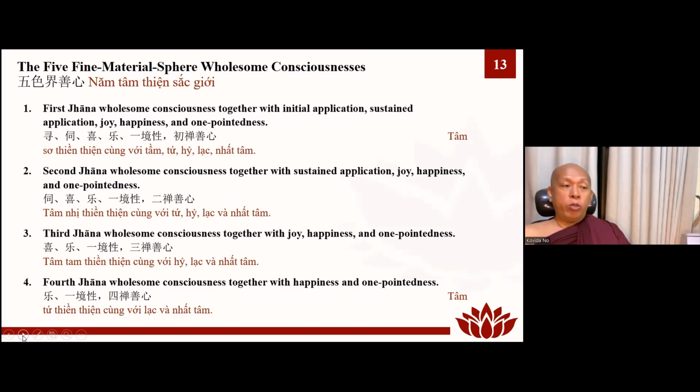Then the second jhana, wholesome consciousness, together with sustained application, joy, happiness, and one-pointedness. We have 4 jhana factors. Then the third jhana, wholesome consciousness, together with joy, happiness, one-pointedness, with 3 jhana factors.